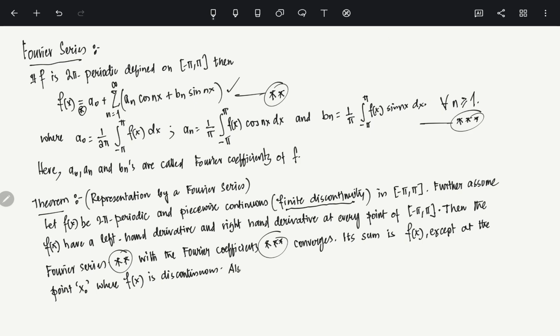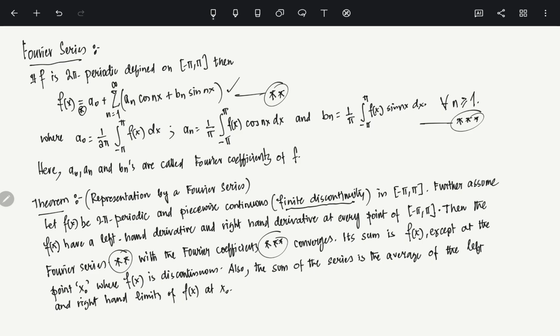Also, the sum of the series is the average of the left and the right hand limits of f of x at x naught.